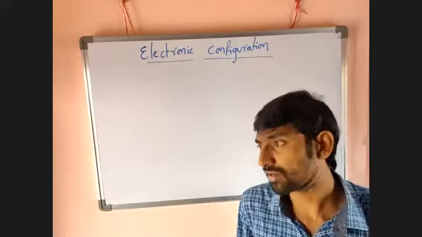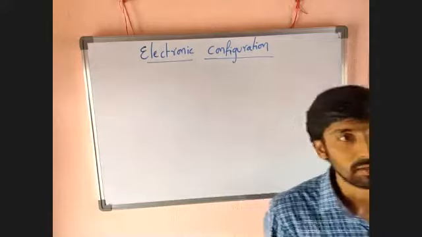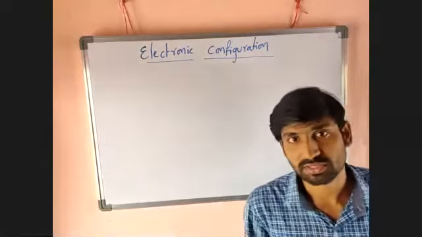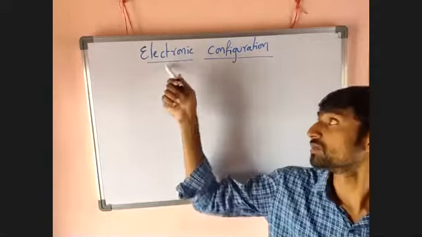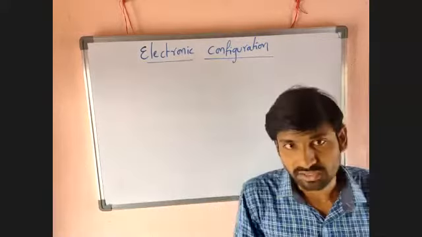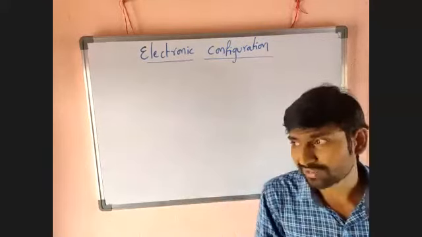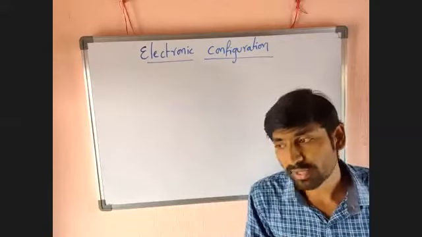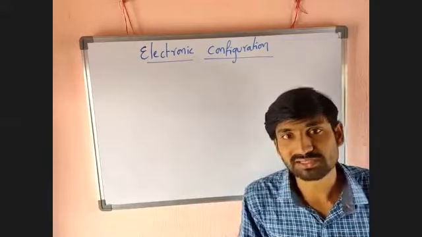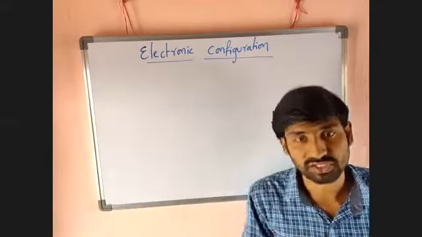How electrons are distributed to different types of atomic orbitals, that is the topic. So what is meant by electronic configuration? Distribution of electrons to atomic orbitals is known as electronic configuration.